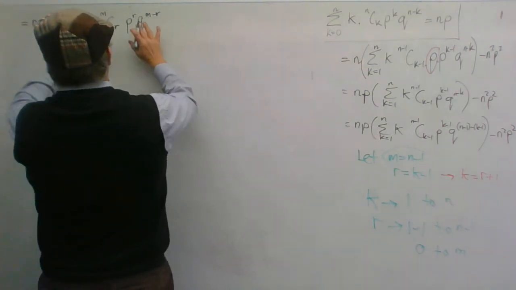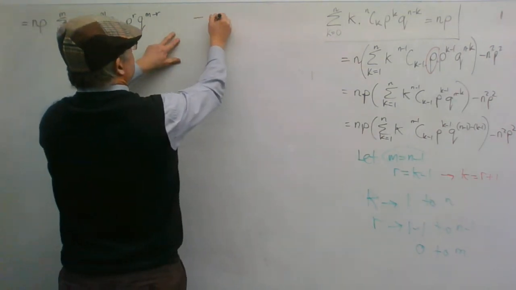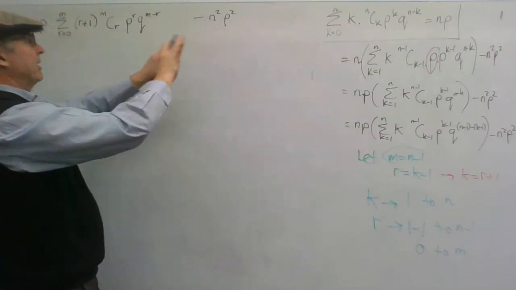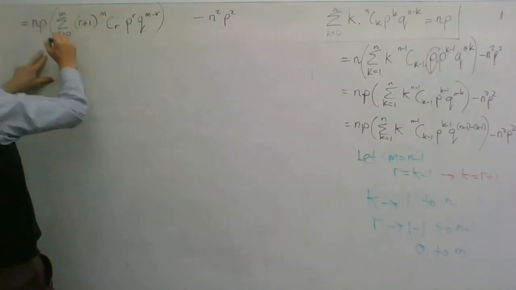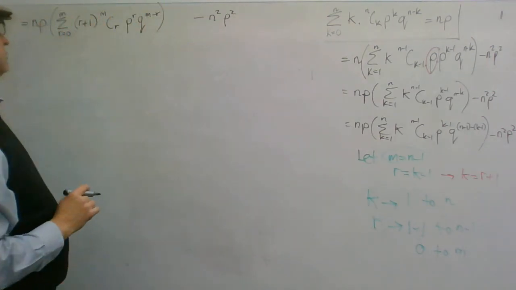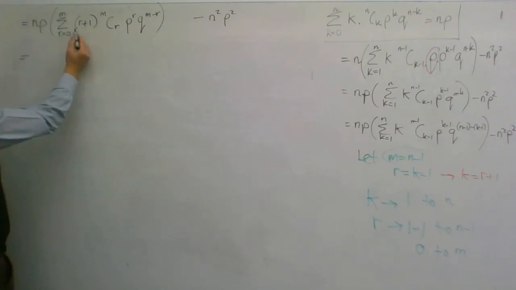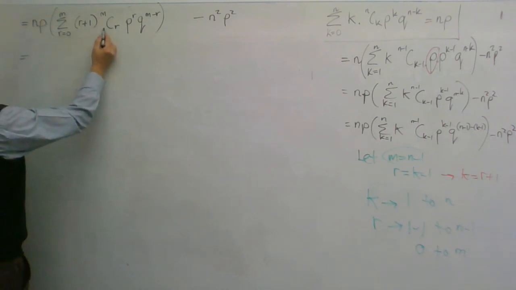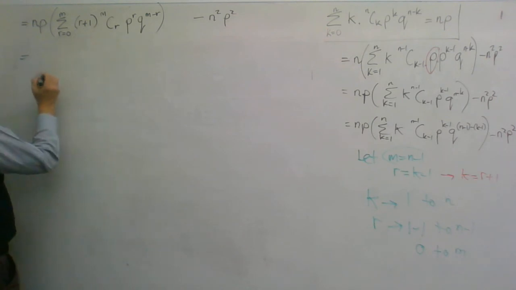And then, of course, after that's done, we've got this minus n squared p squared stuck out the end, but it's not part of the whole summation thing. So this r plus 1 is multiplying this here, so we can separate those out.